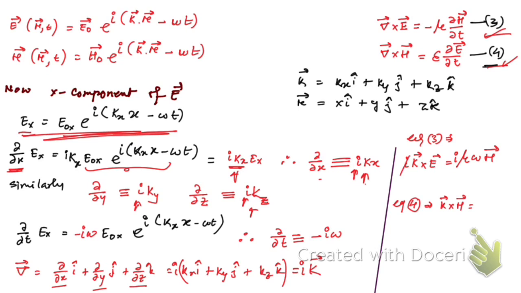Then k cross e vector equals mu omega h vector, and similarly equation 4 implies that k cross h is equal to minus epsilon omega e vector. That's what we have got.